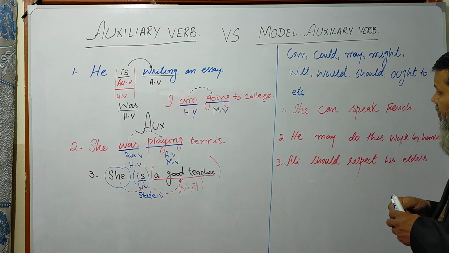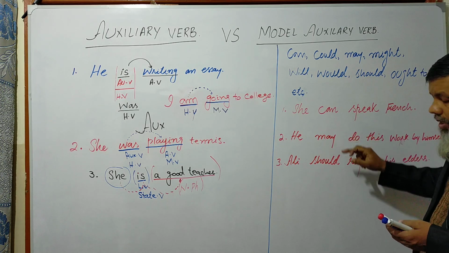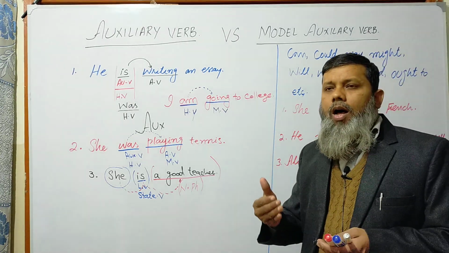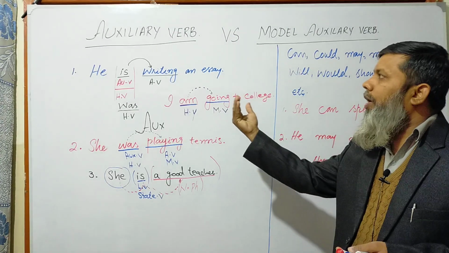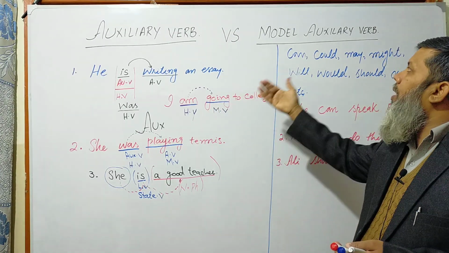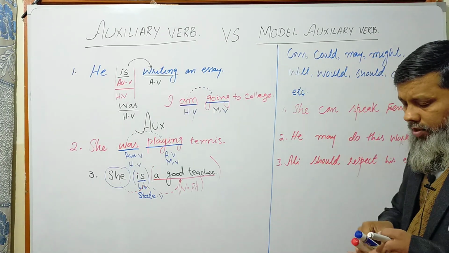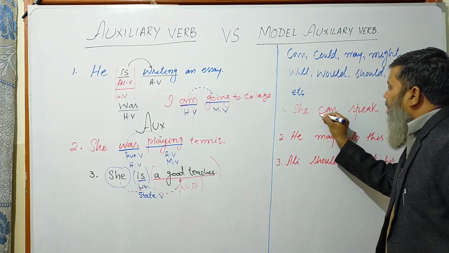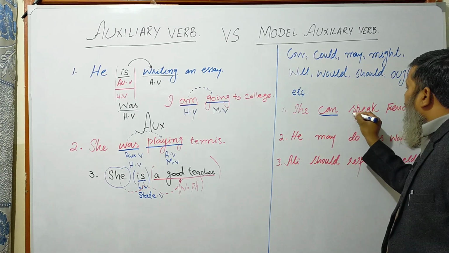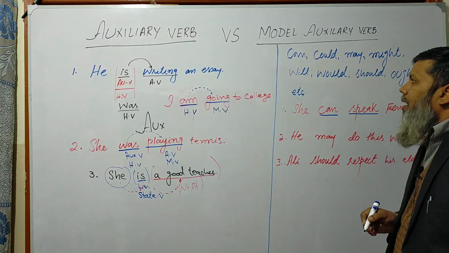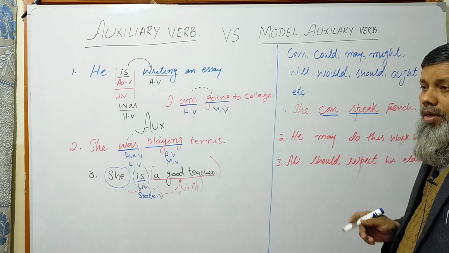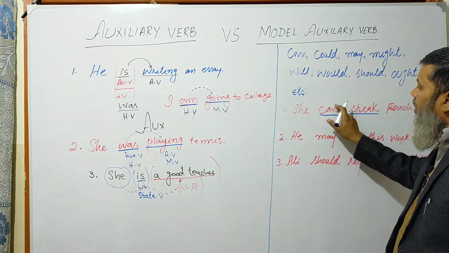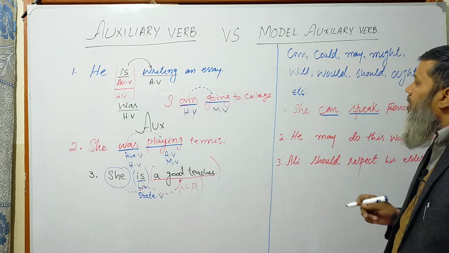Now look at these three examples to understand the differences between an auxiliary verb and a modal auxiliary verb. Why are they called modal auxiliary verbs? Functionally, they are auxiliary verbs. They look like an auxiliary verb. They just do the same function as an auxiliary verb.